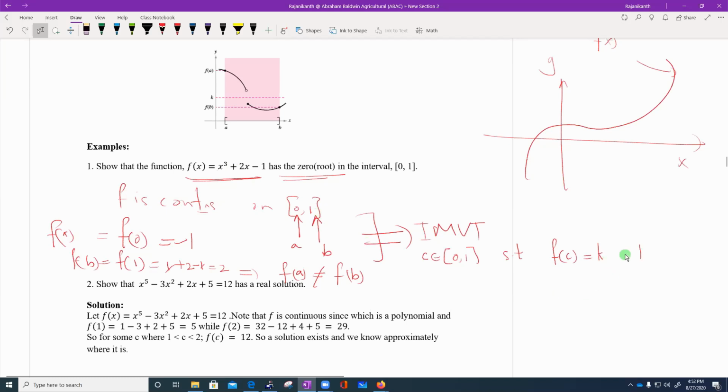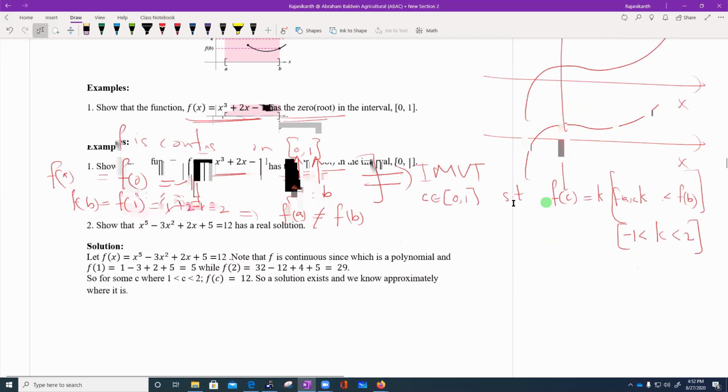What is k here? K is a number between f of a and f of b. So in this particular problem, our f of a is, just now we calculated, -1, so our k should be between -1 and f of b, which is +2.